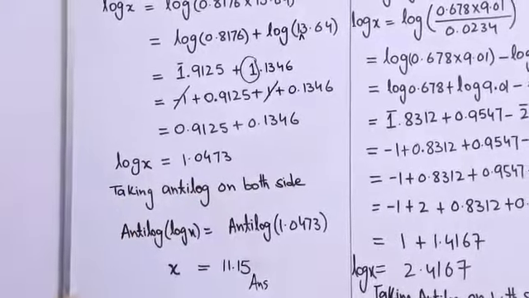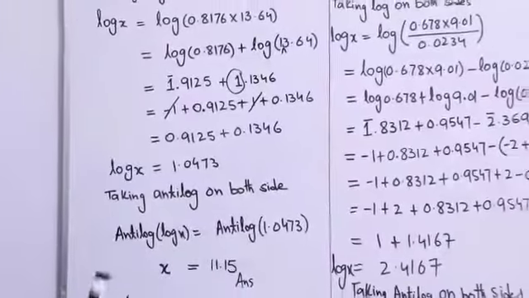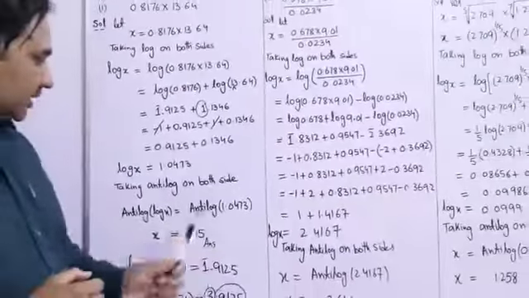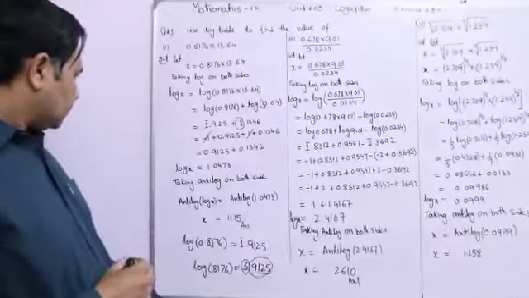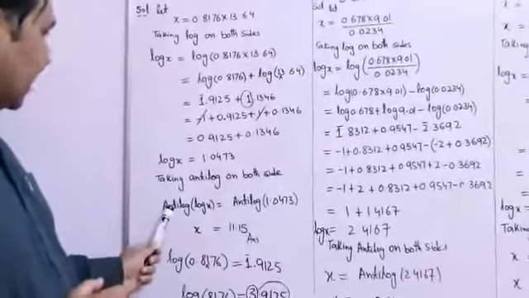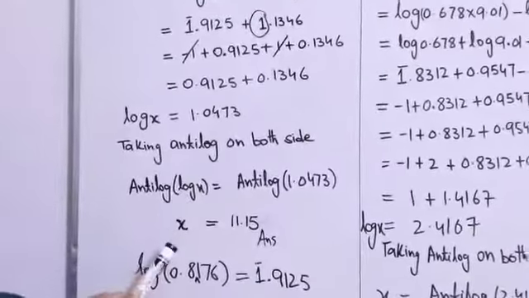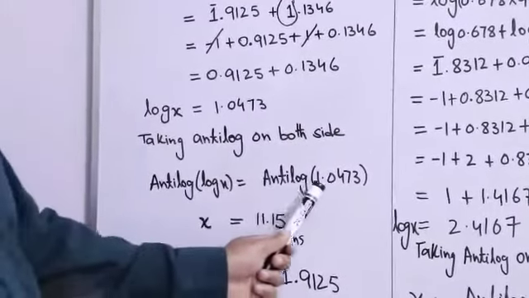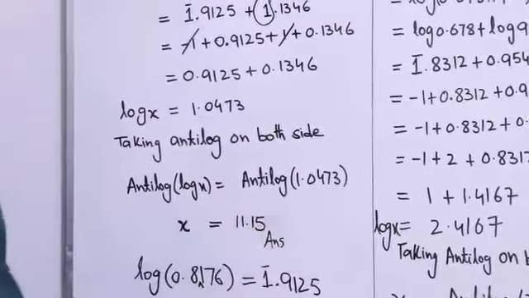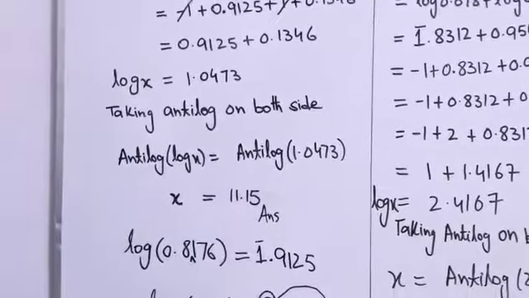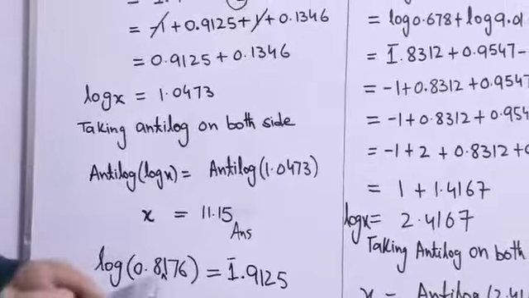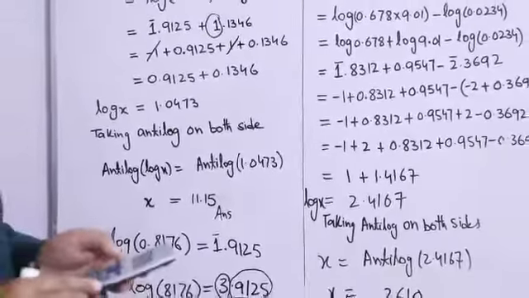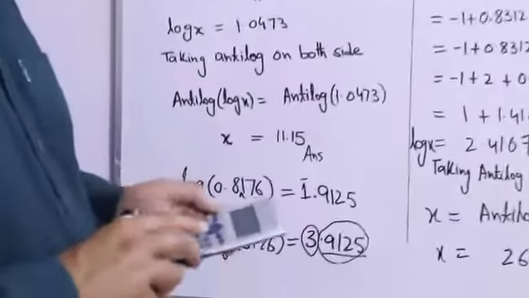Now we have to calculate the value of x. Taking anti-log on both sides, log and anti-log cancel out with each other, and now we need the anti-log of 1.0473. How can we take anti-log? Just use the calculator. First press shift and then log.